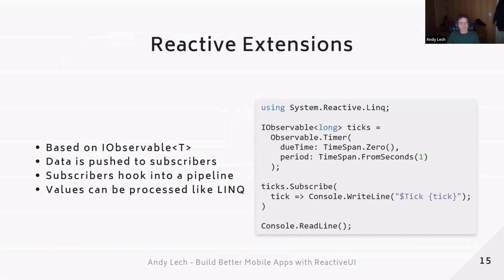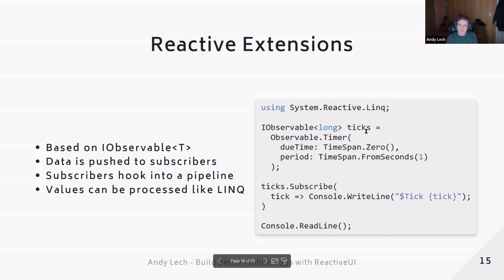reactive extensions, built on top of, based on IObservable. So instead of having a collection and pulling data and updating it yourself, you can hook into a stream of observables. The example on the right is a timer that sets up a bunch of ticks without a due time, ticking every 1 second.